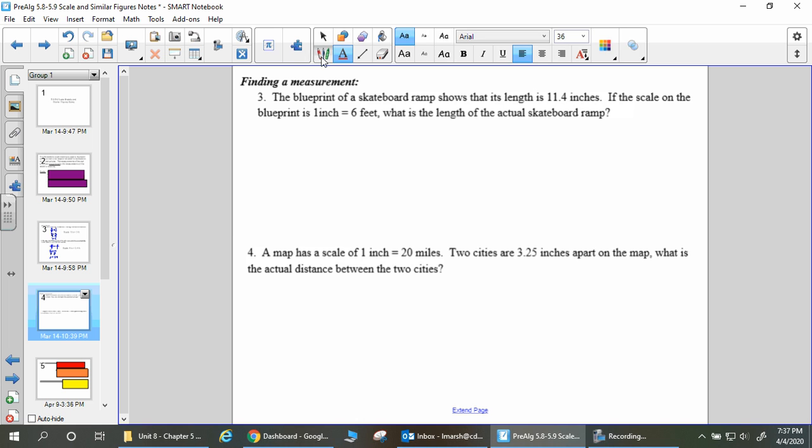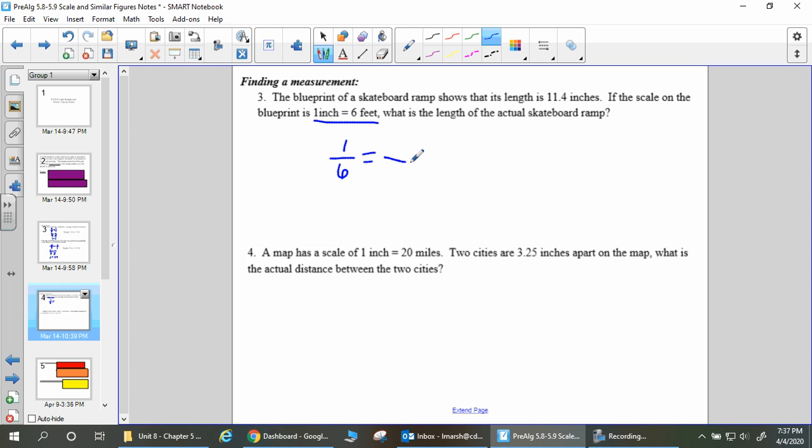So in these problems, they're going to give you the scale, just like we just found. That scale is one of your fractions. So find your scale, set up your fraction. 1 inch equals 6 feet. In the second fraction, they have to give you a measurement, and they're asking you to find the other one. So they gave me that on the blueprint, it's 11.4 inches.